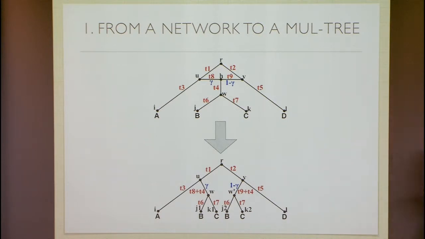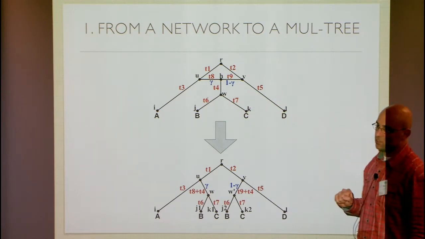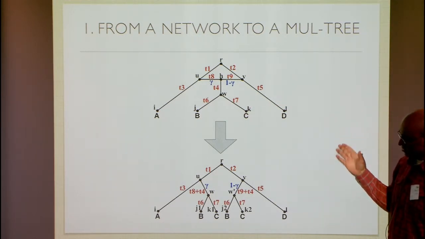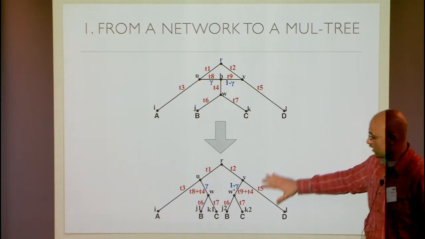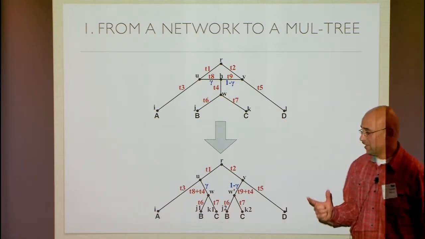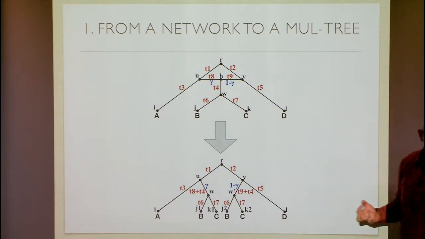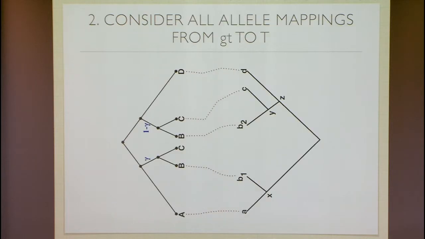So the issue that arises now when we have this multi-labeled tree is that instead of looking at this network and trying to figure out how the gene genealogy traces inside this network, now once I map the alleles to the leaves of the tree, the nice thing is that with a tree there's always a unique path from a leaf to the root. Okay? So what is this concept of allele mappings?